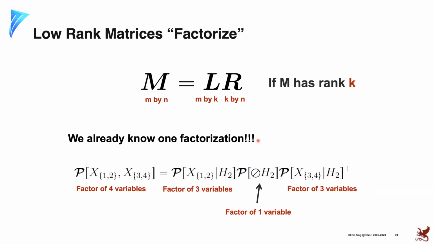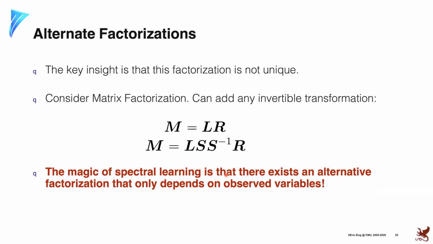Essentially, because M can be decomposed into M equals LR, we can equivalently write it as this joint probability equals this multiplication of these three matrices. For example, we can view the first two as L and the last one as R. However, now there still contains this H here. But the interesting thing is that such matrix factorization is not unique.